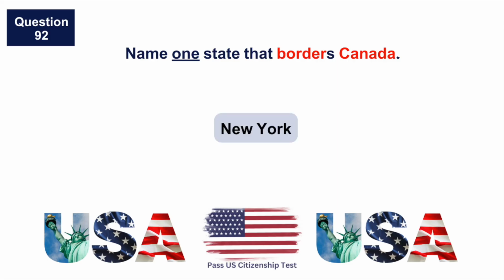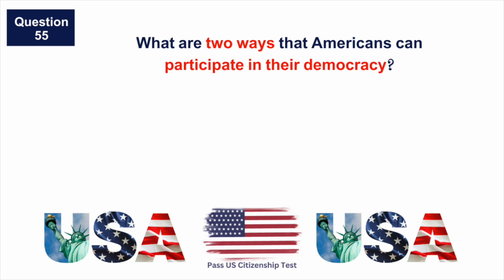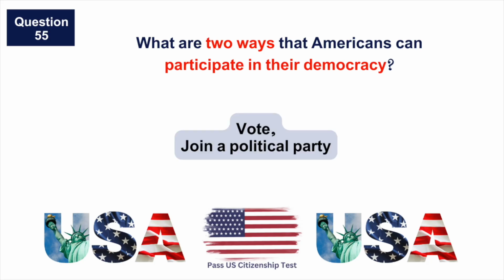New York. What are 2 ways that Americans can participate in their democracy? Vote. Join a political party.